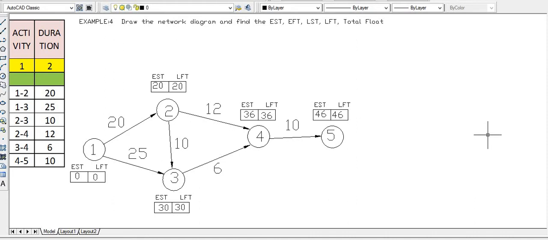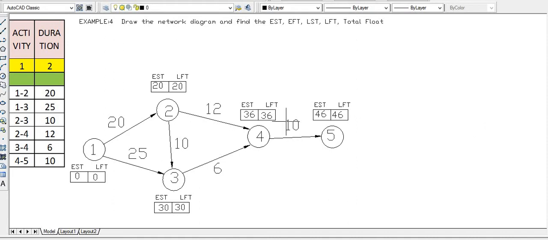Earliest start times are calculated in the forward direction, whereas latest finish times are calculated in the backward direction. These two things must be kept in mind.